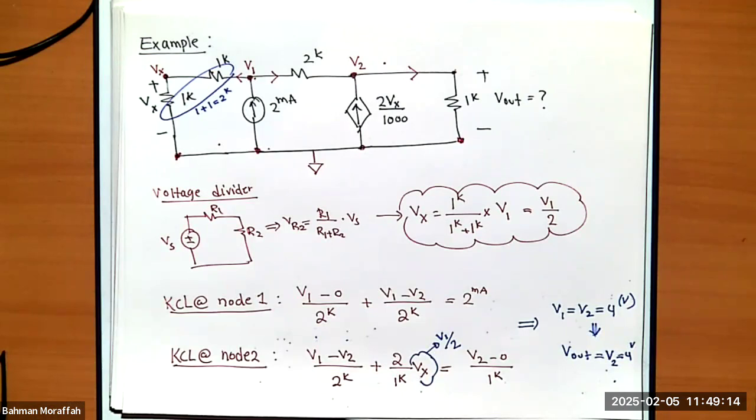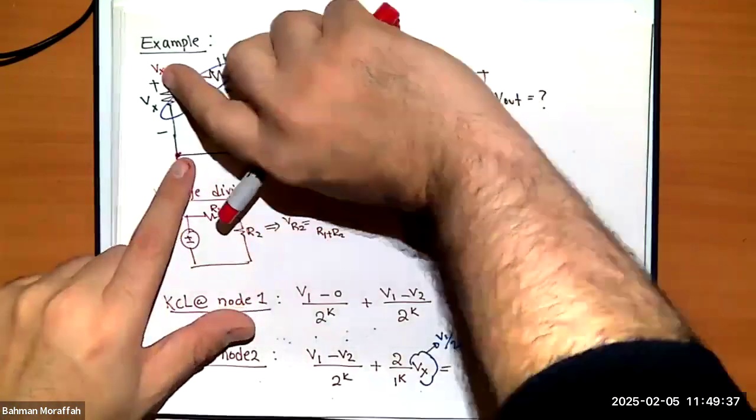Right? So the whole idea here is that if I have a dependent source in the circuit, I'm still going to treat it just like an independent source. The only thing that's different here is that the value of that dependent source depends on something else in the circuit. So I have to somehow compute it. In this case, Vx was voltage across this one.